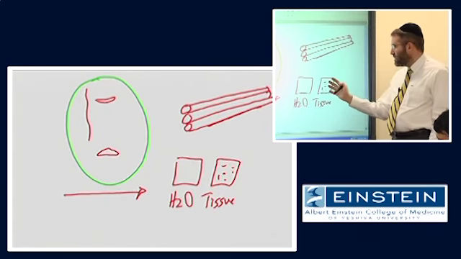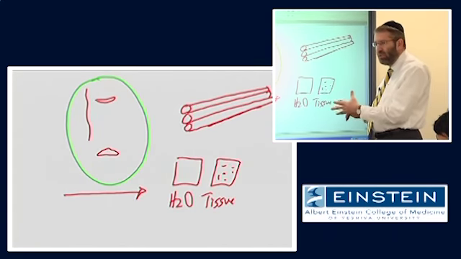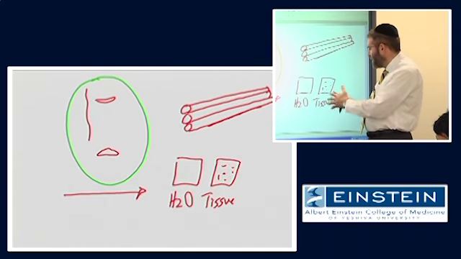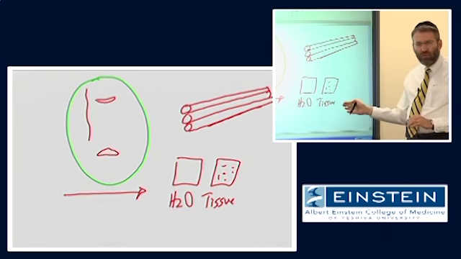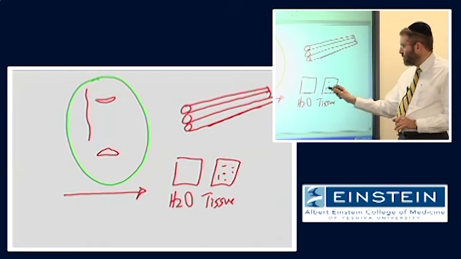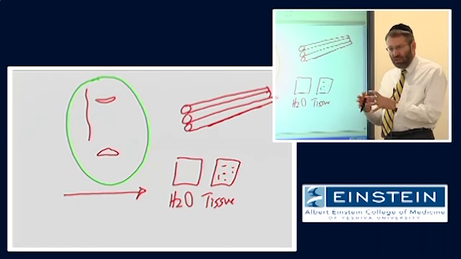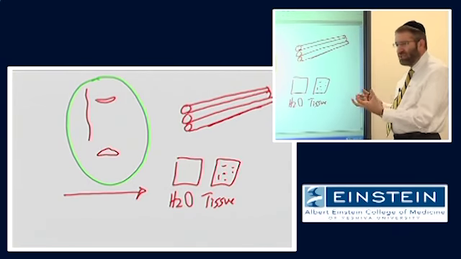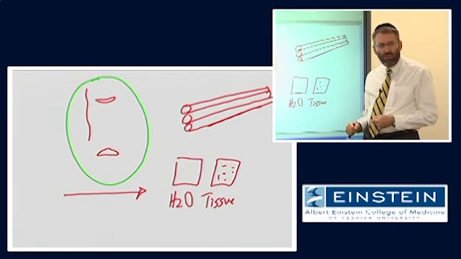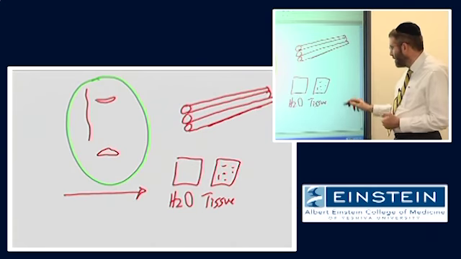But because there isn't a sort of systematic organization of this structure, those water molecules are limited in the direction that they can move, and pretty much in any direction that they move, there are going to be limitations on that motion.